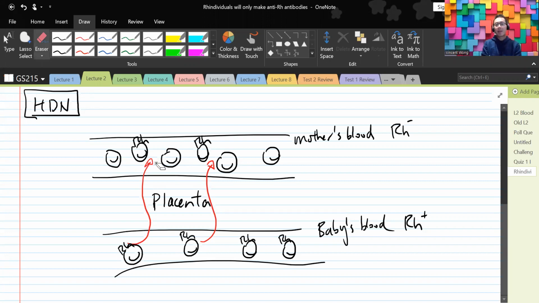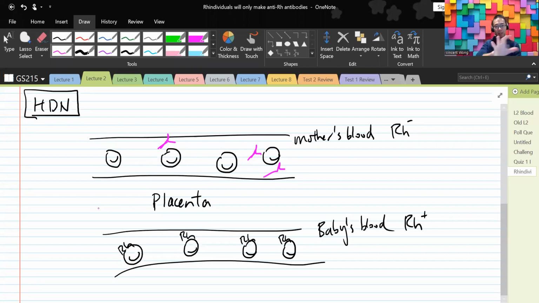So it's not an immediate process, which means by the time the mother produces all the anti-RH antibodies, the baby would have been delivered, okay? And then it would not affect the first baby. The antibodies will clear all these RH cells, and that will be it for the first pregnancy.